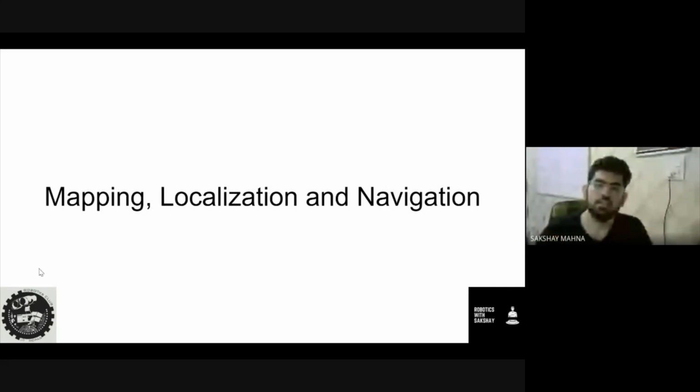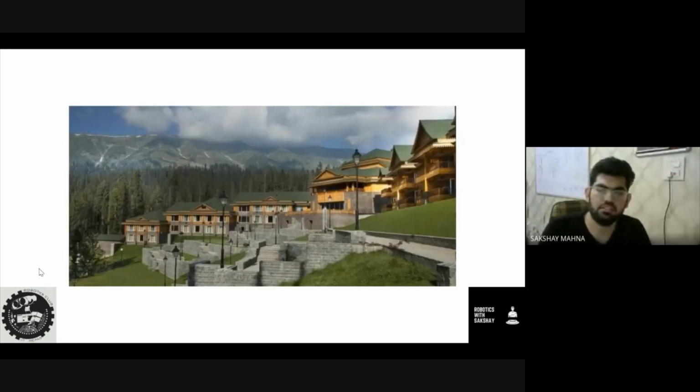Now, these three terms are completely related to mobile robots, like the TurtleBot3 that we discussed. For the wheeled robots, mostly mapping, localization, and navigation are related to these mobile robots. So let's understand what mapping, localization, and navigation are. Imagine that we have gone on a vacation and reserved a hotel.